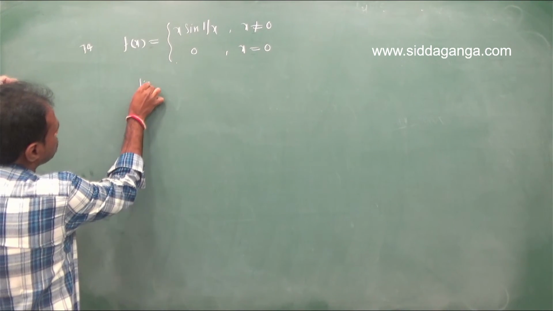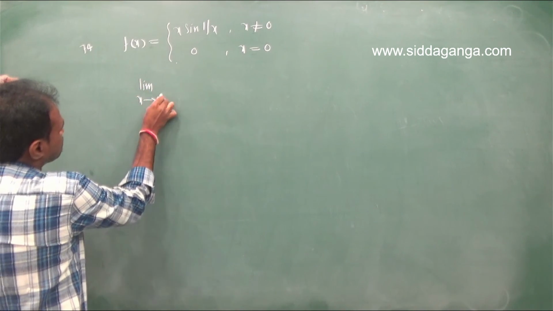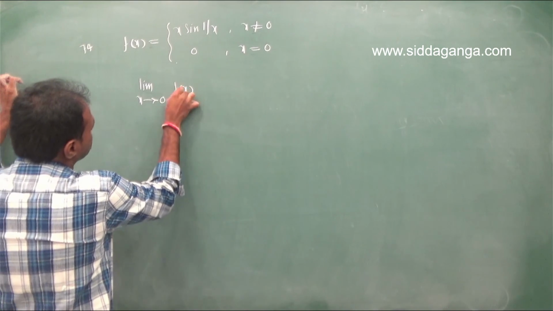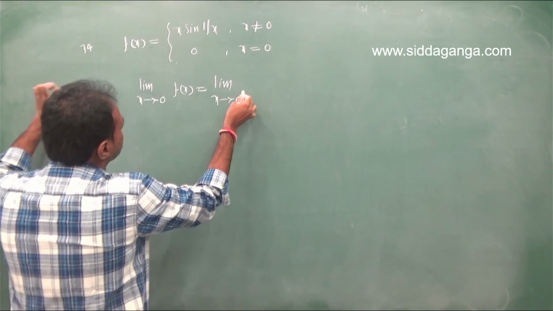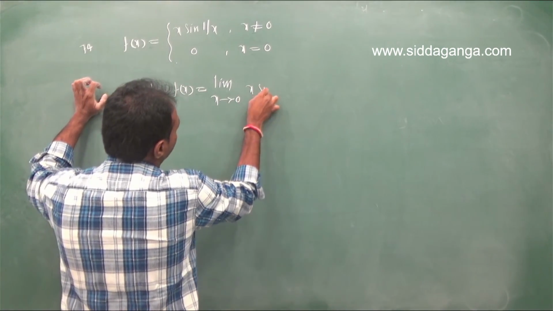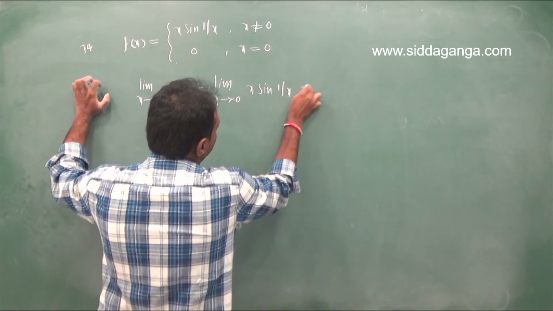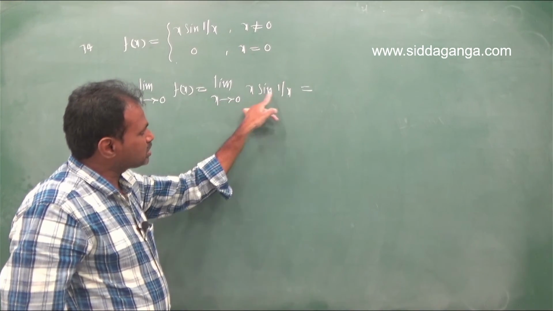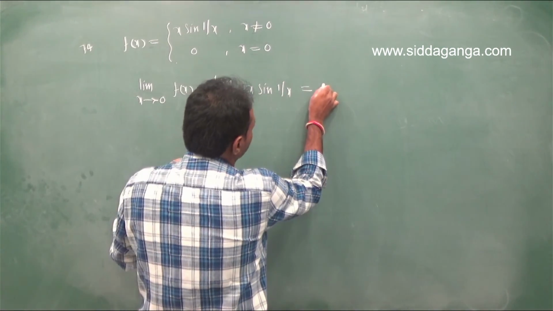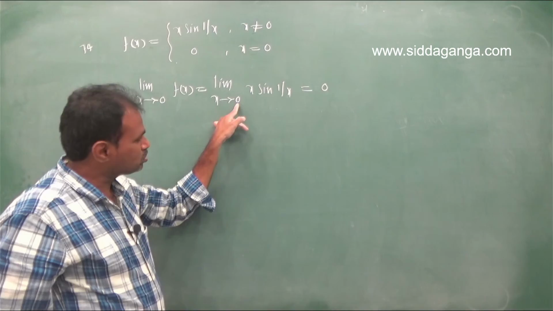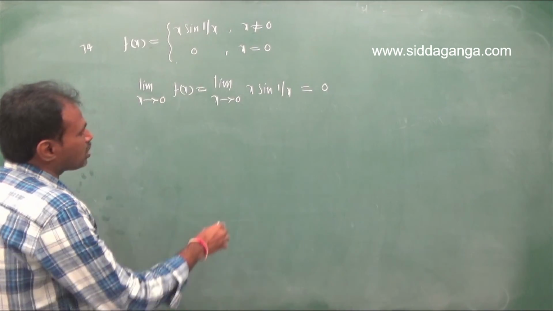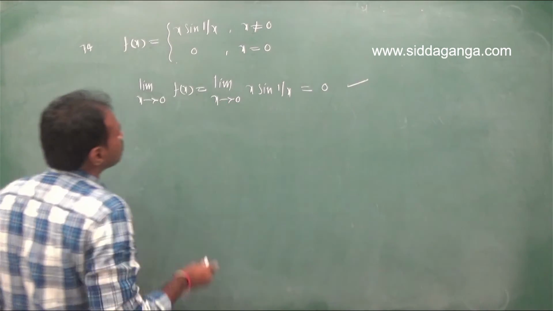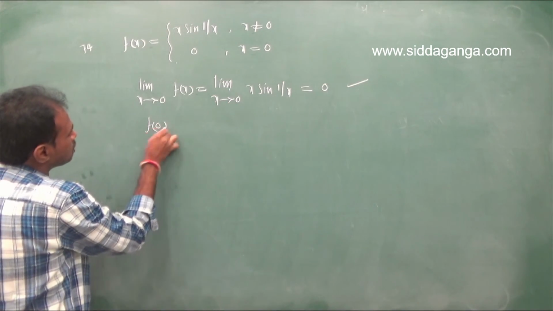Now limit x tends to 0, f of x is x into sine of 1 by x. Therefore, as x tends to 0, x into sine of 1 by x value is 0. Therefore, limit is 0 and f of 0 equal to 0.